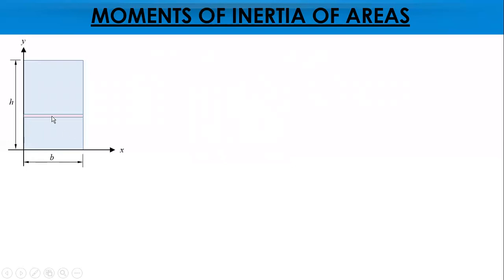The distance of this strip from the x-axis is y, and its thickness is dy. Now, this is the expression of Ix, integral of y squared dA, and our dA is the differential area, which is equal to b times dy.